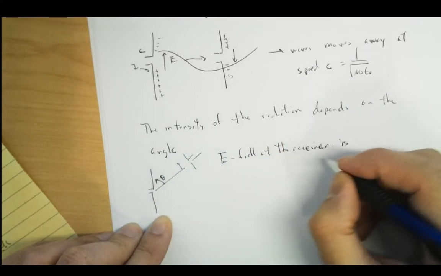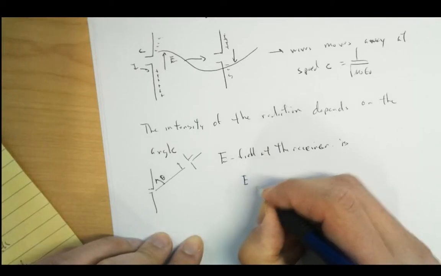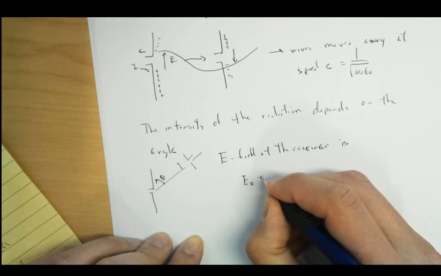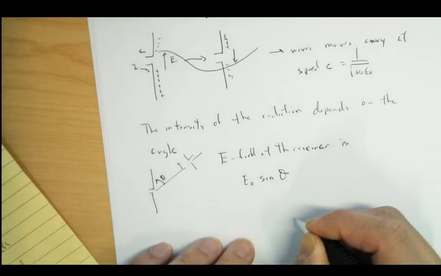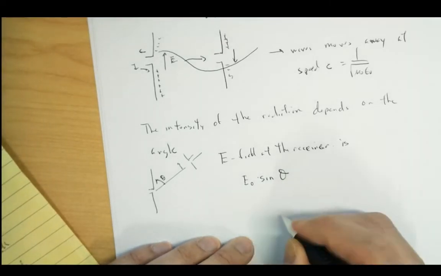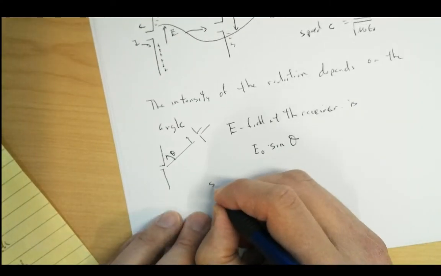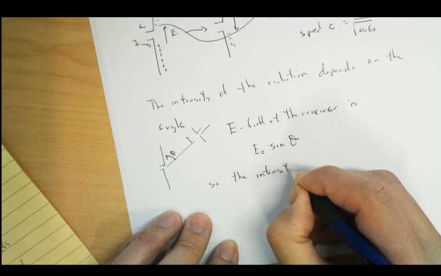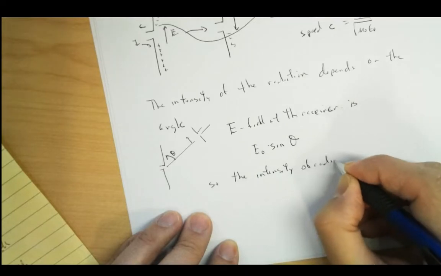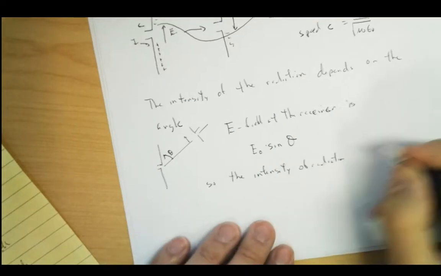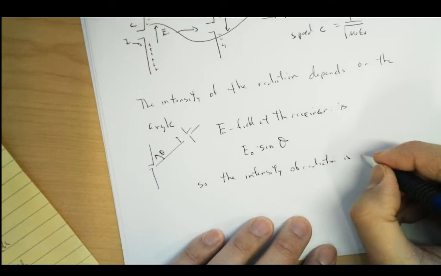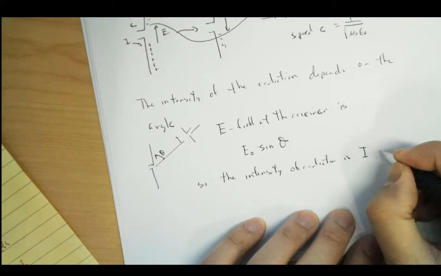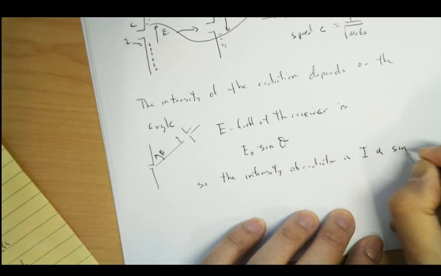This is going to be E0 sine theta. So it's basically the sine theta. So the intensity of radiation I is proportional to sine theta.